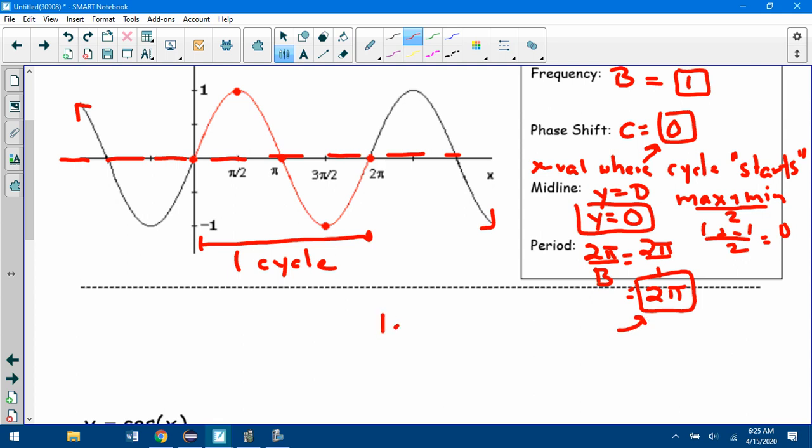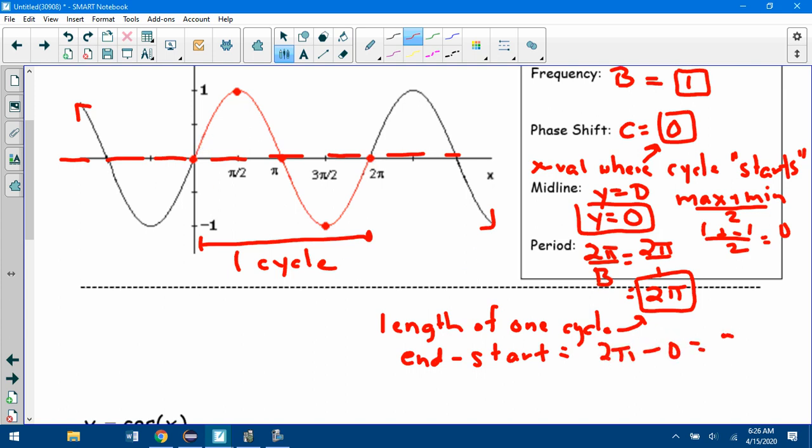So think of this as the length of one cycle. So if I take the end of a cycle minus the start of it, you can see it that way also. The end of this cycle happens at 2 pi. The beginning of this cycle starts at 0. 2 pi minus 0 is 2 pi. It's the length of the cycle.